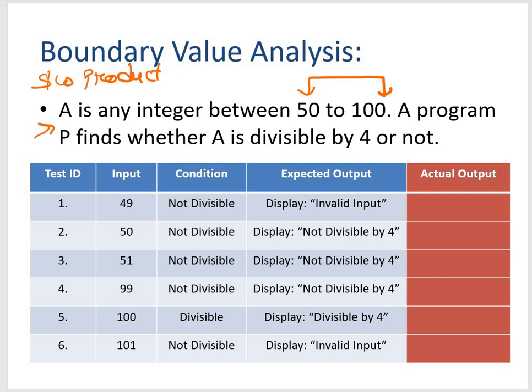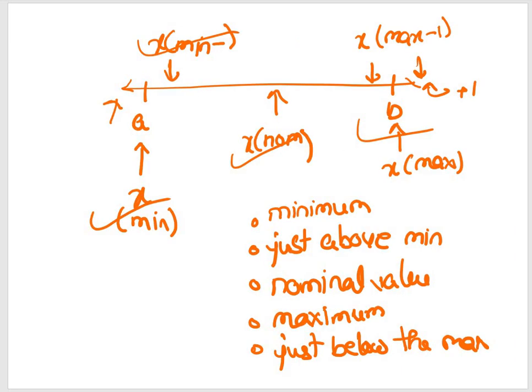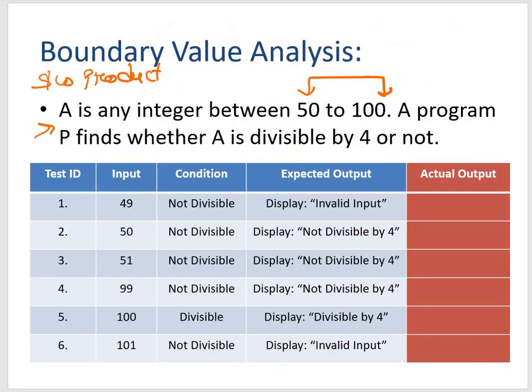And a program P finds whether A is divisible by 4 or not. In this case, I took two extra values, just to explain to you. Based on this you have to follow these things only, but here I took one extra value, which is 1 less than 50, 1 more than 100, or else these values were sufficient.